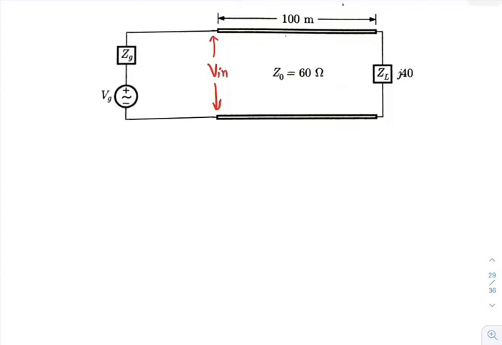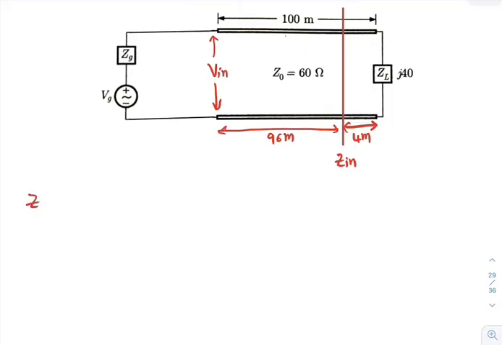Let us say this is the 4 meter distance, and this distance is 4 meters from the load, and the remaining distance will be 96 meters. Now we need the impedance which is available here, at a distance of 4 meters from the load.